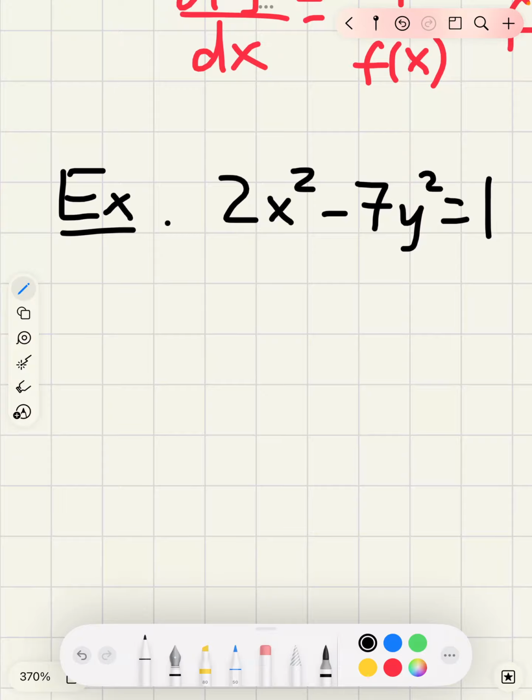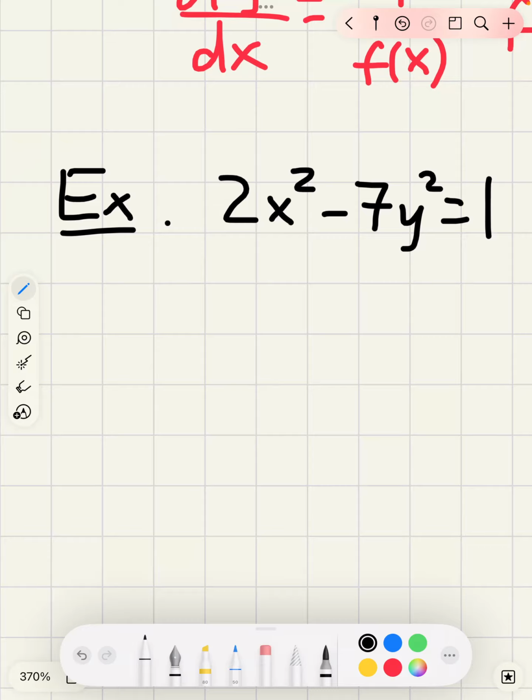And in theory, I could actually rearrange this to solve for y, but the caveat would be that I'm going to end up with a plus and minus square root of something, and it's going to be kind of ugly. Instead, an alternative, and the thing is, there are going to be times where you have an equation like this that you're not able to algebraically rearrange to y equals form.